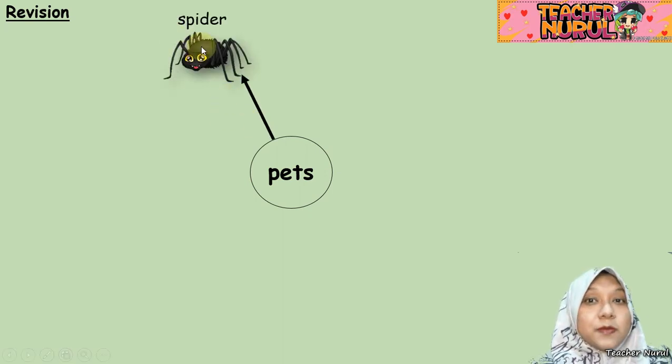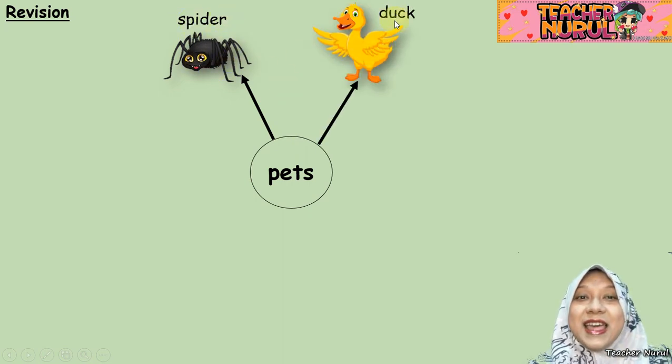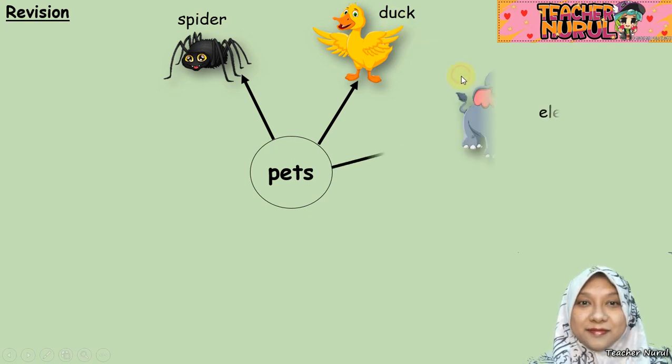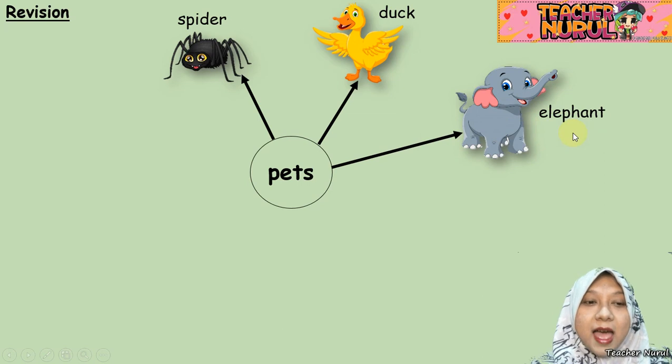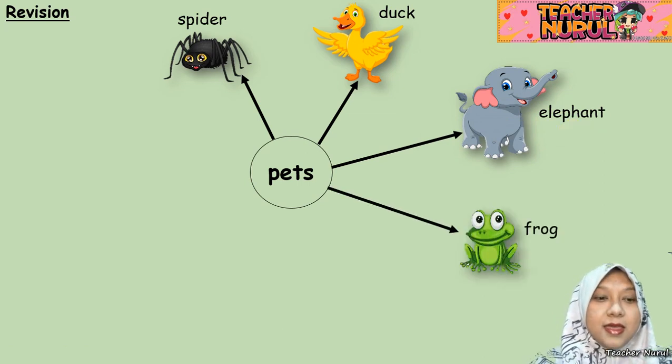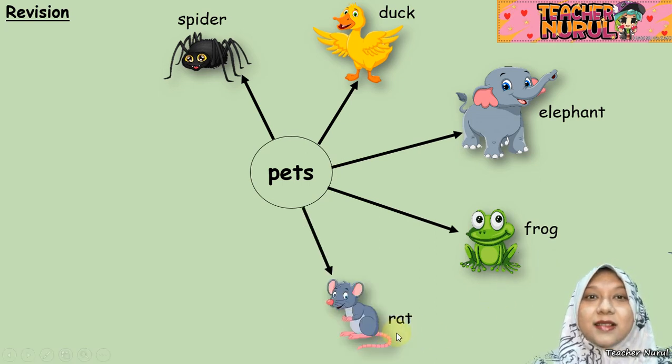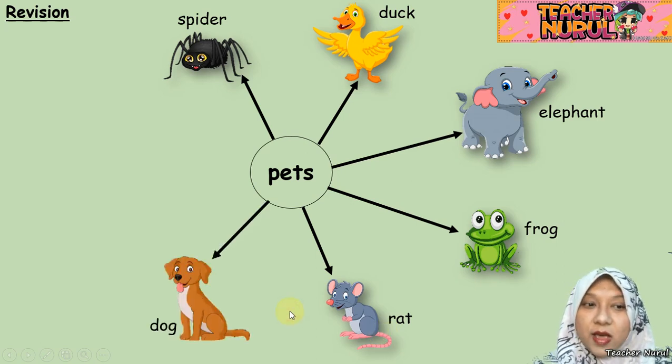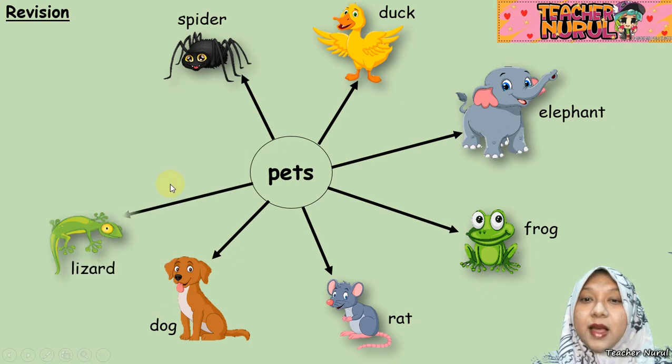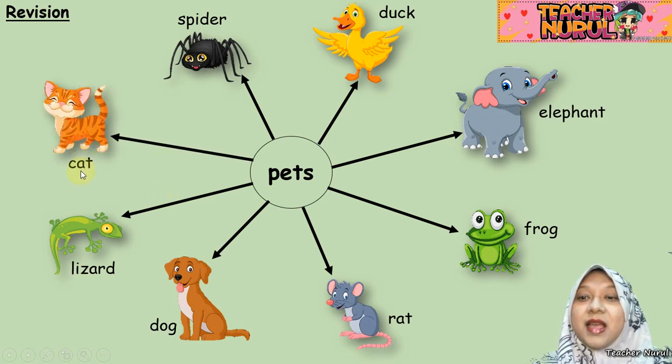First, we have spider, duck, elephant, frog, rat, dog, lizard, and the last one we have cat.